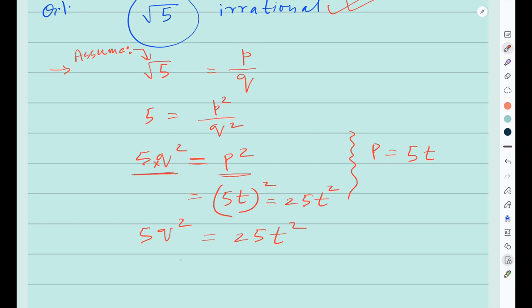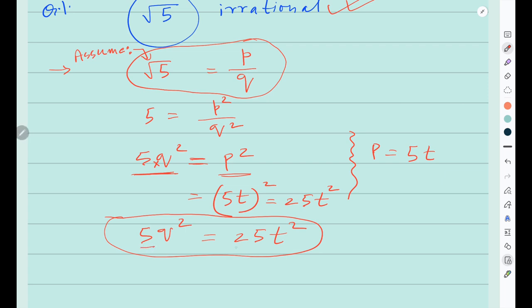Now we started with the fact that square root of 5 is a rational number, and using theorem 1.3 we ended up here. What we see here is a common factor of 5.